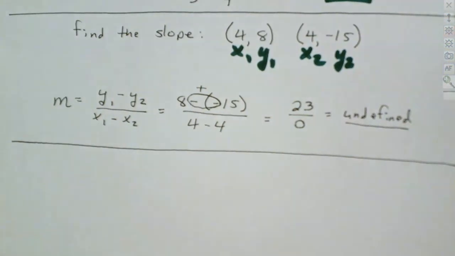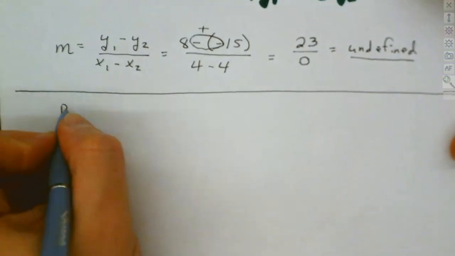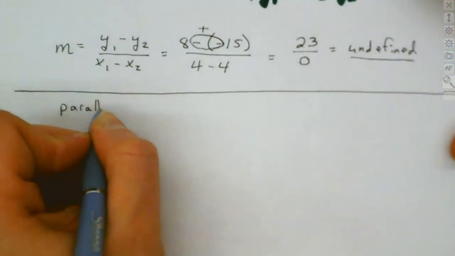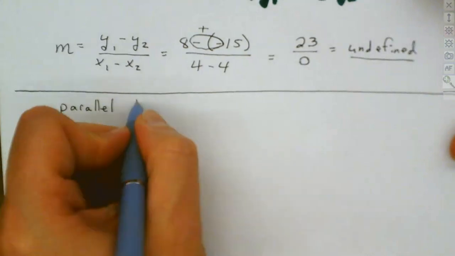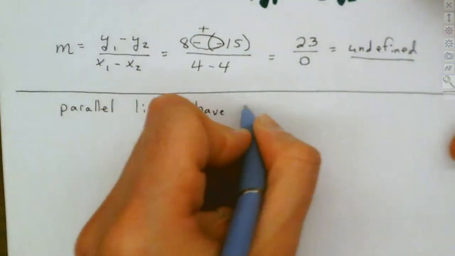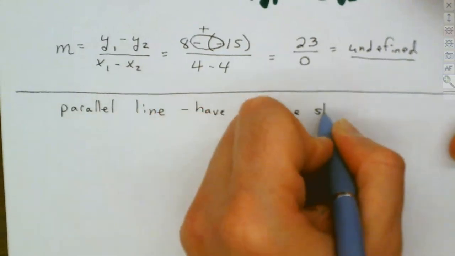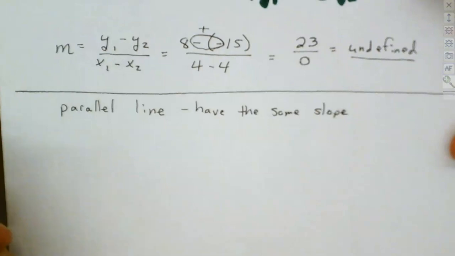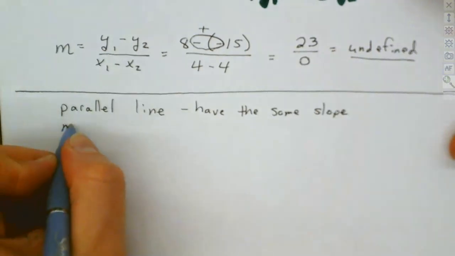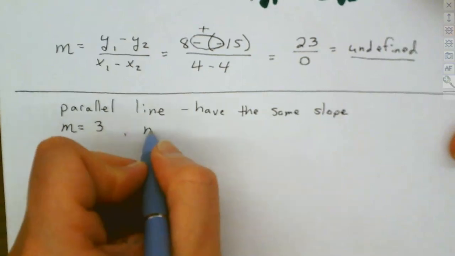The very last part is parallel and perpendicular lines, and it won't take long to go through. Parallel lines, they have the same slope. So that would be something like m equals 3 and m equals 3.